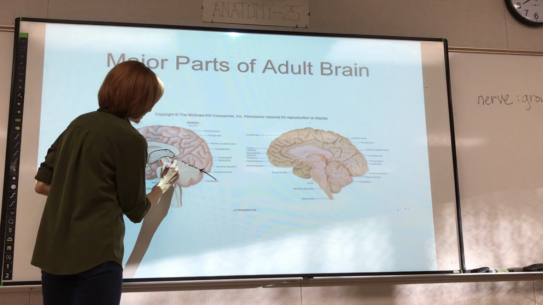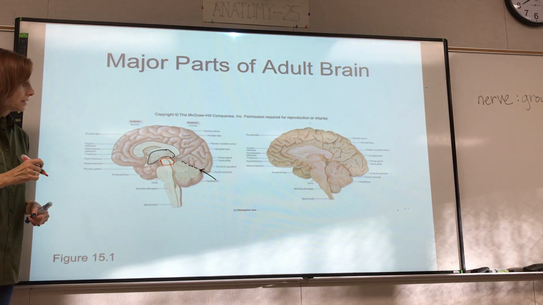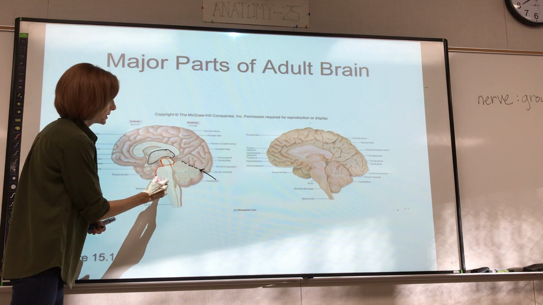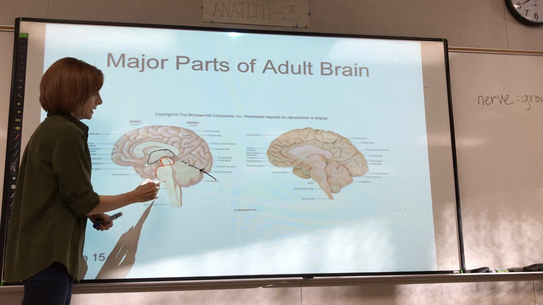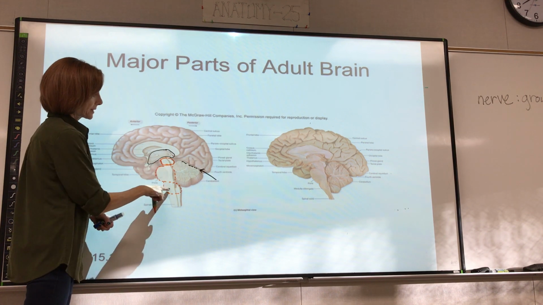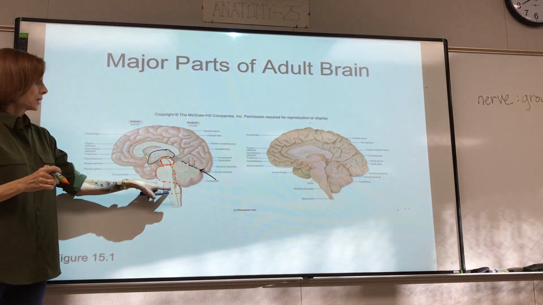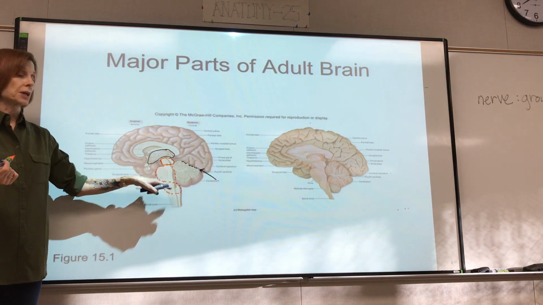This is the midbrain, only about an inch or so long. This anterior bulge here is the pons, and below that is the medulla oblongata, also only about an inch or so long, usually just called the medulla.